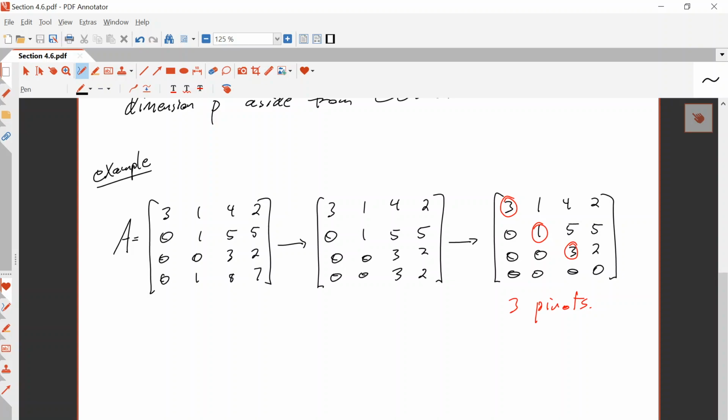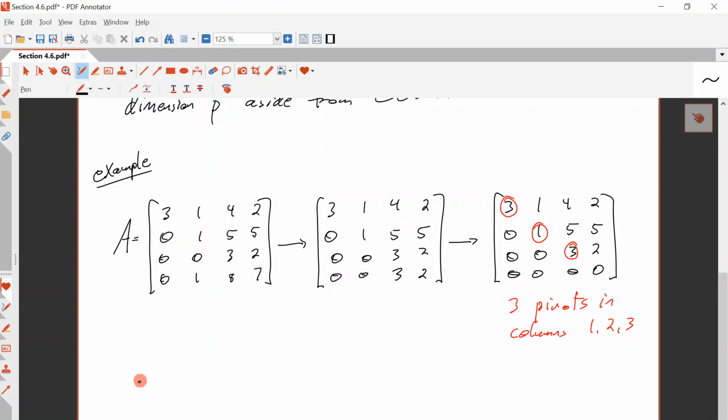So now what vector spaces do we have associated with A? Well, the column space of A: 3 pivots in columns, let's make sure we say which columns they are in, 1, 2, and 3.